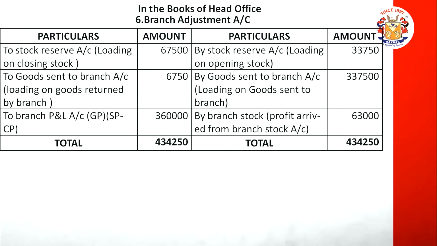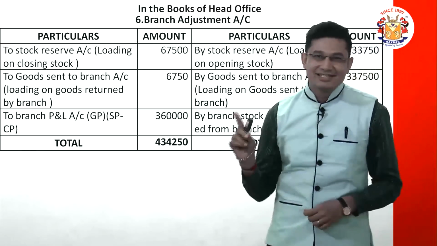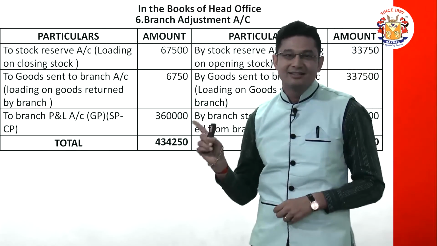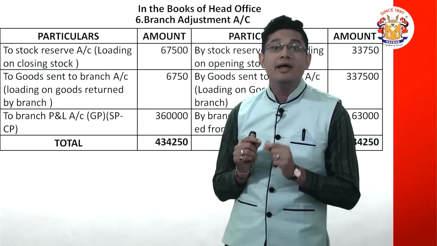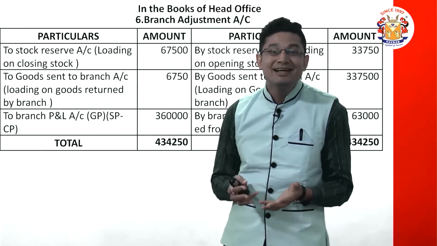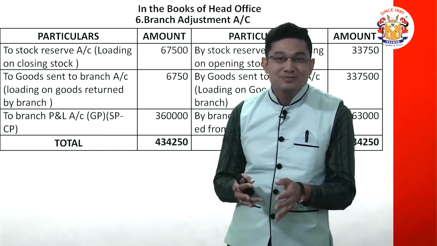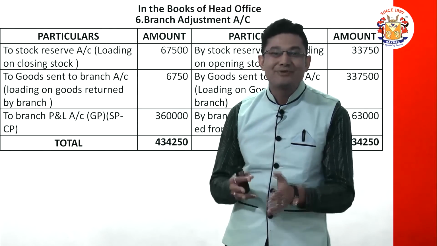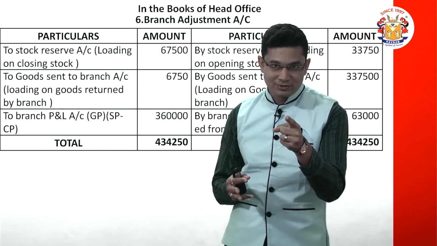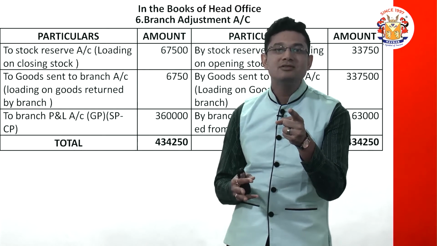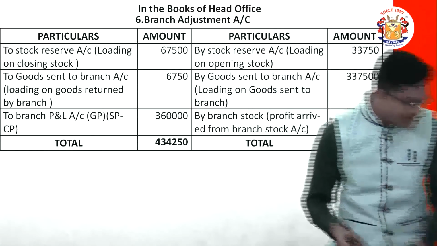Ultimately we will get 3,60,000. This difference is nothing but, very simple, selling price minus cost price, means gross profit, and this gross profit will be transferred to branch profit and loss account. Okay.